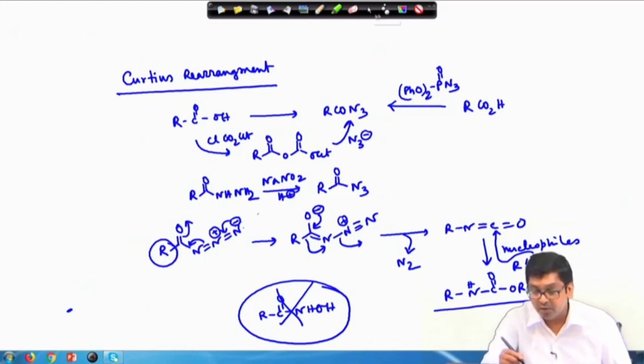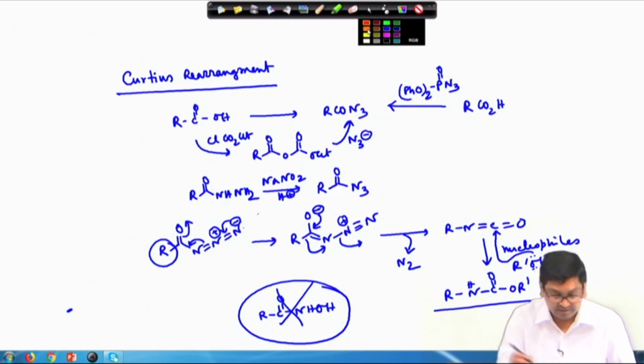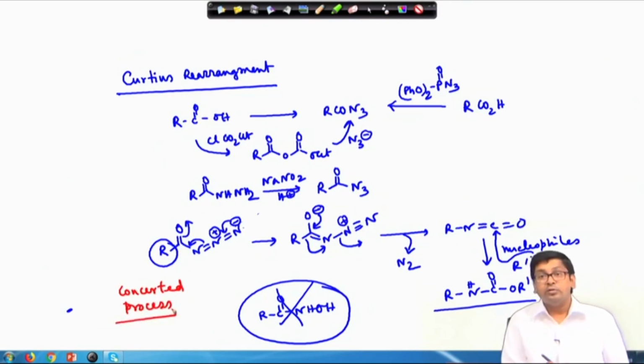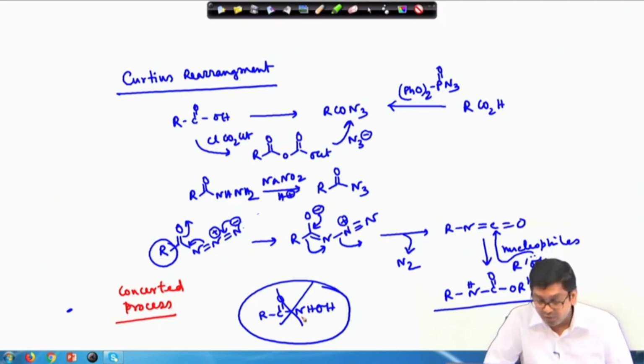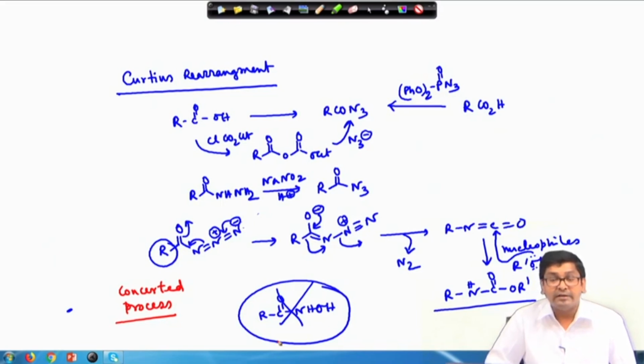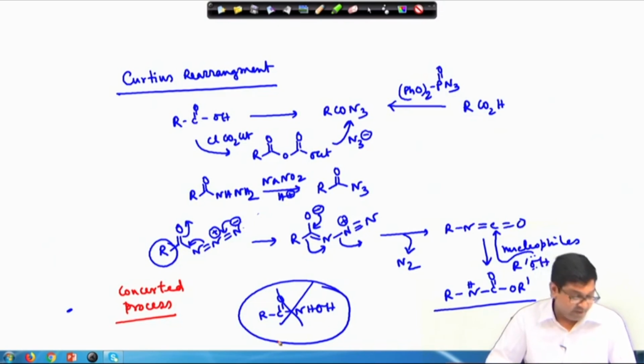So overall we can say that the reaction is a concerted process, and that has been proved as there are no crossover experiment products and there is no formation of this RCONH-OH. That shows that these reactions are happening in a concerted manner.